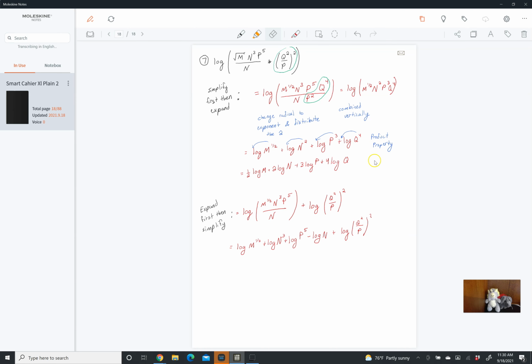So we use the product property, and then we use the product and the quotient property to simplify this first one. So this here is equivalent to this whole thing here. Okay. Sorry about that.